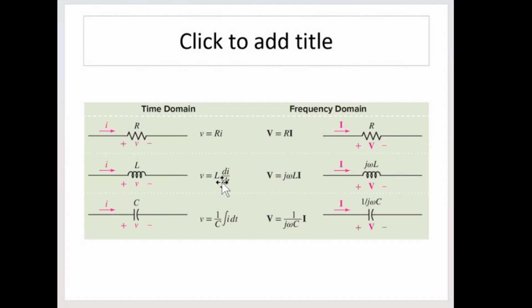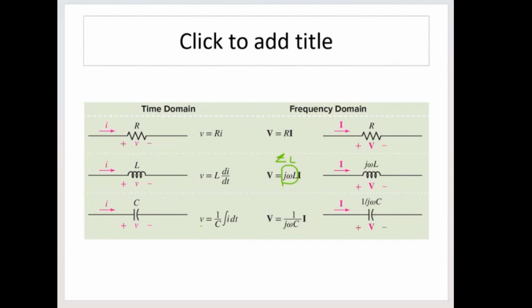But if you're using the concept of phasor, the derivative would just simplify to L omega J, and that's what you see here. So the voltage equals L omega J times I, and this can be Z of L, the impedance for the inductor.